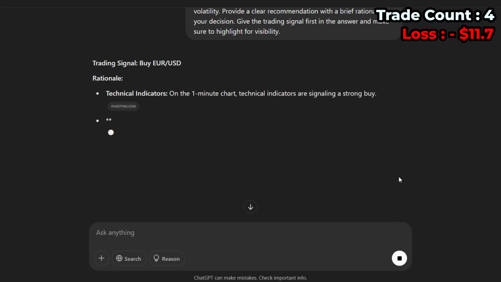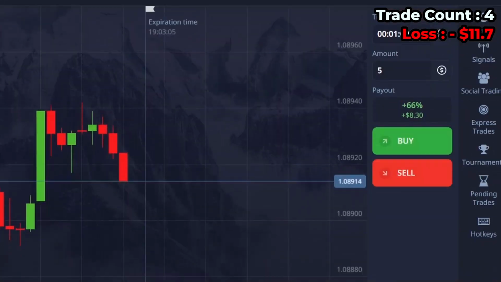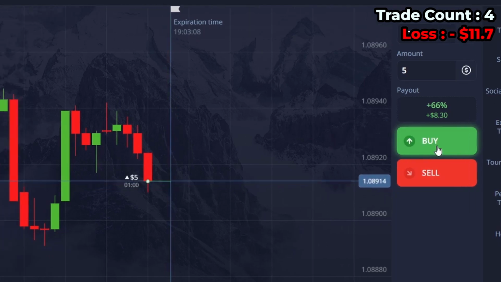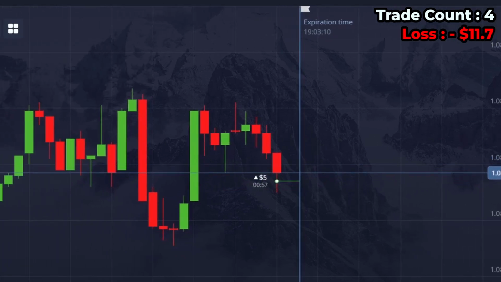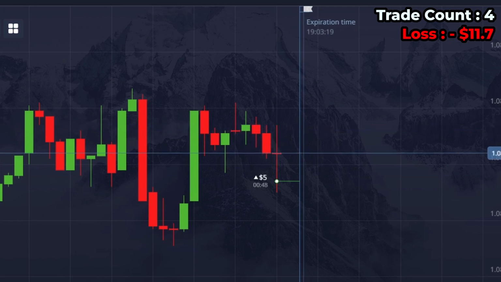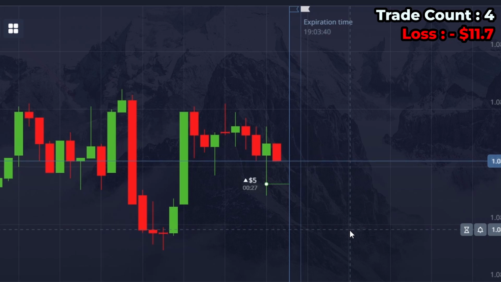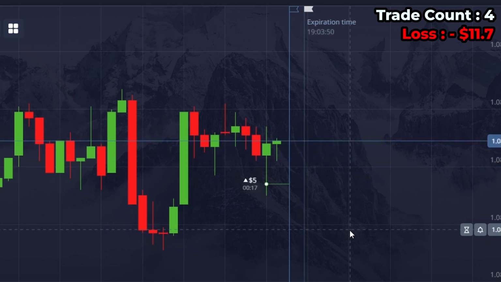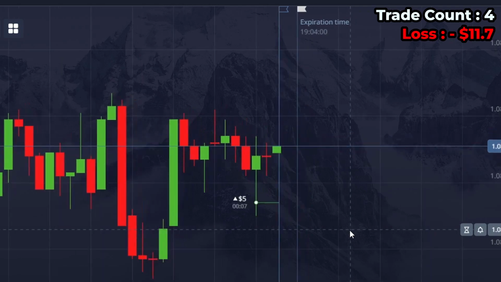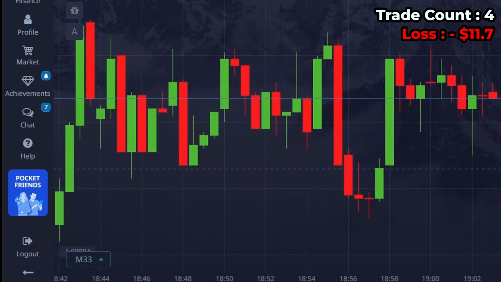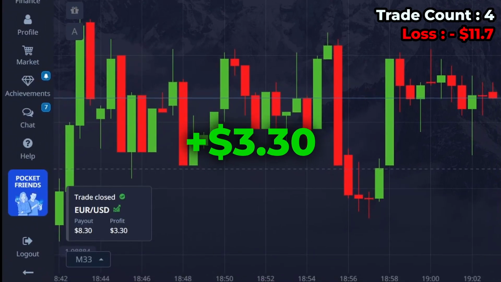Once again, ChatGPT has given us a buy signal. We won that trade as well.